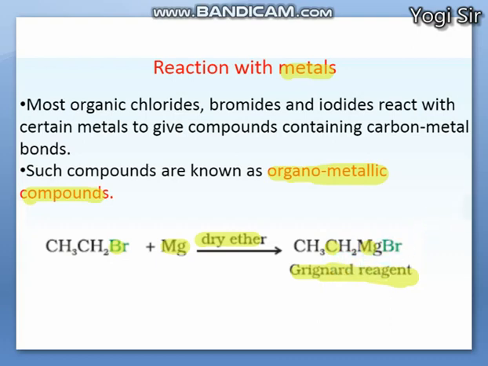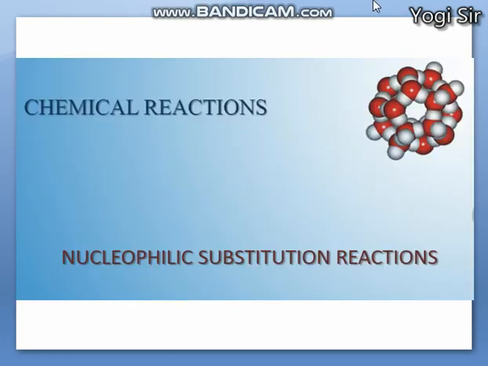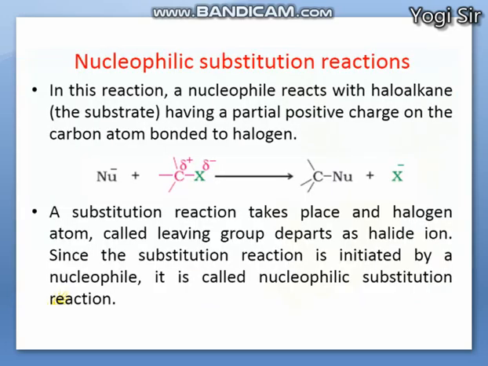So next is nucleophilic substitution reaction, which we'll see in complete detail. Some of the important reactions, nucleophilic substitution reaction. As we have seen previously, a nucleophile will try to displace this halogen, and as there is polarity between the carbon and halogen, there are partial charges.